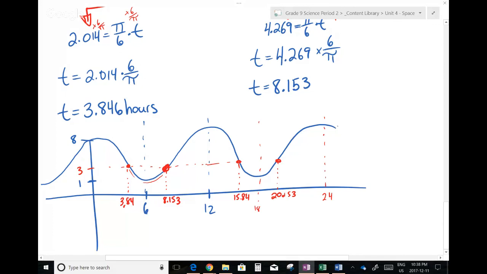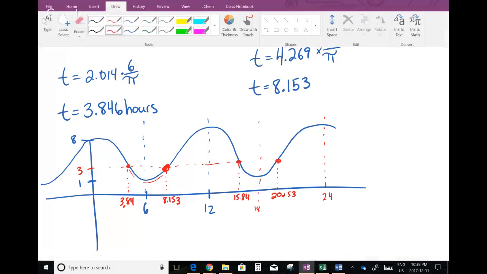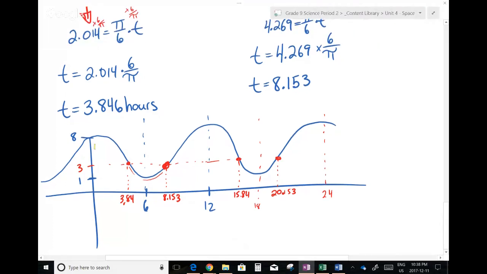And we could, of course, keep going, but I think that this gives us a sense. This means that the workable solution here, this area from 0 to 3.84 is above, this area from 8 to 15 is above, and we drop below again. And this area beyond 20 is above, and then that's a full one-day cycle.